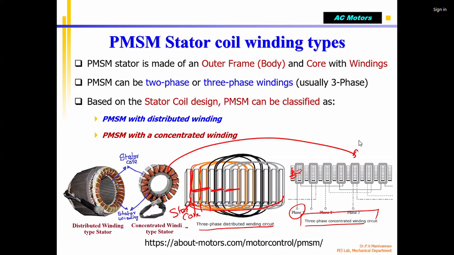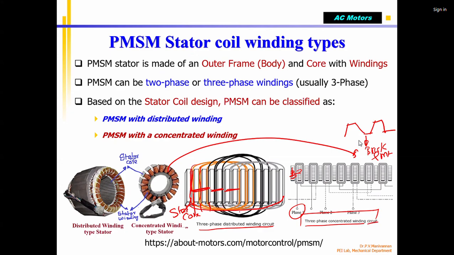And the magnetic field created will be trapezoidal in shape. The magnetic field created by the concentrated winding will be trapezoidal in nature. They call it back EMF. The back EMF generated by the concentrated winding is trapezoidal.